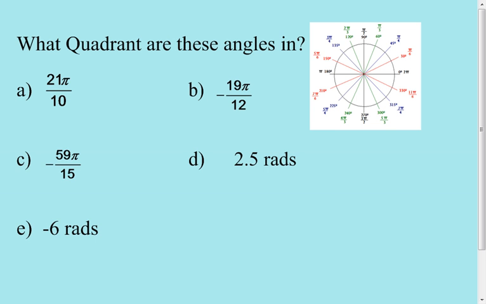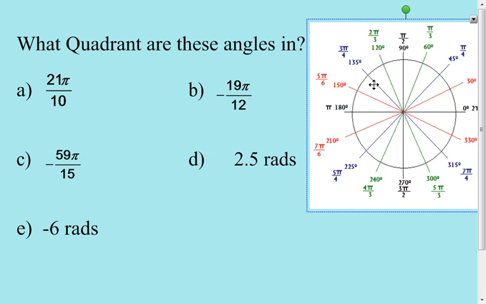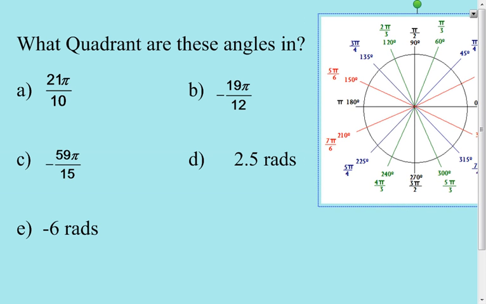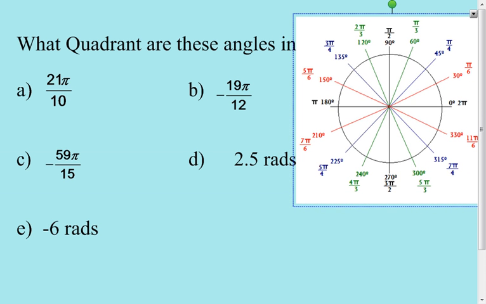So first of all, I want to figure out what quadrant these angles are in, and you don't even need to convert them or anything. You should hopefully just be able to kind of figure this out, but I'm going to blow that up so that you can see this a little better. We are at 21 pi over 10, and if you think of that as a mixed number, 21 tenths, this is the same really as 2 and 1/10 pi.